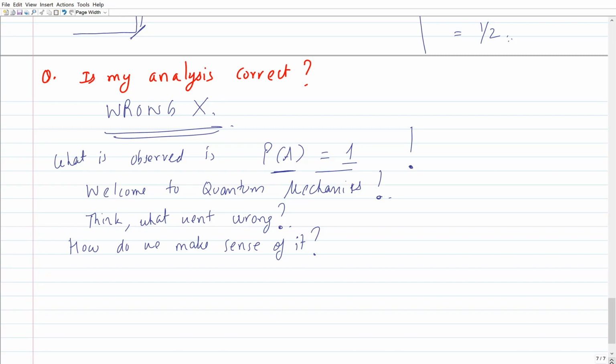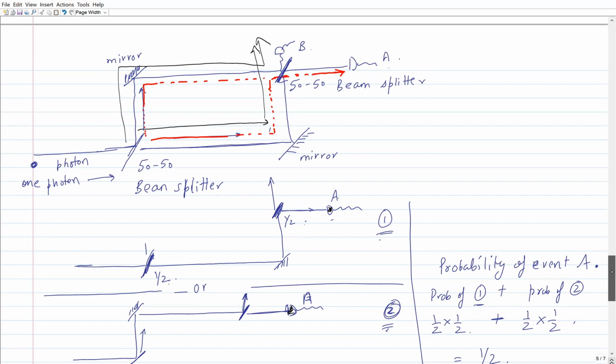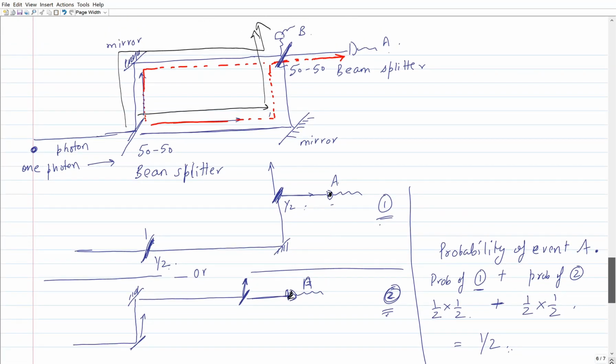This is really baffling, at the same time very fascinating, and essentially this is at the heart of quantum mechanics. What went wrong in our analysis of the beam splitter? Why this seemingly innocuous beam splitter is giving the probability of detection A to be a certain event, and the detection of B is 0.